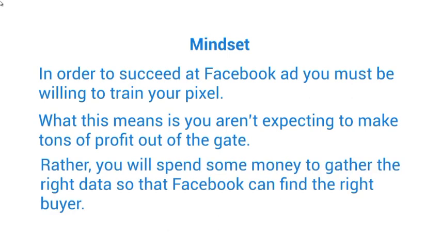So training a pixel basically means that you get traffic to your website where the pixel is located, and Facebook is able to figure out what kind of traffic is coming to your site, and of course what kind of traffic is buying your product. So who is considered a lead and all of that.